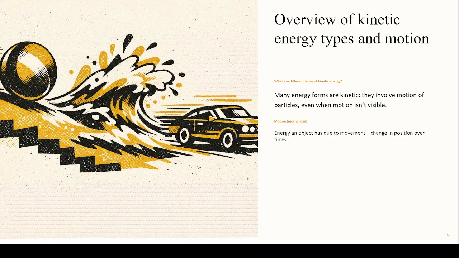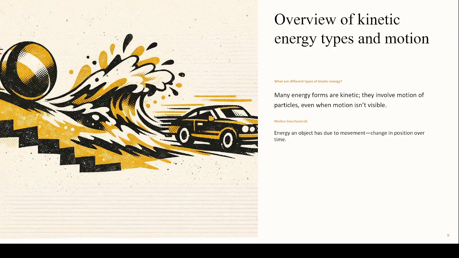The smallest particle is called an atom, which we will learn about in another lesson, and which you already know from year seven. Anything which involves motion of particles, sometimes this motion may not be visible, but wherever motion is involved, the type of energy is kinetic.